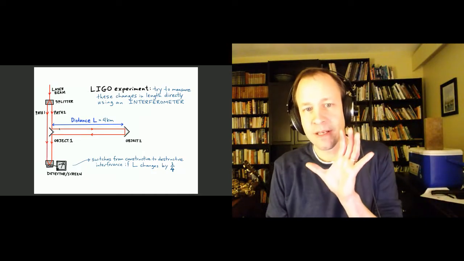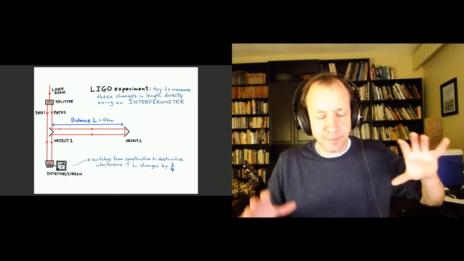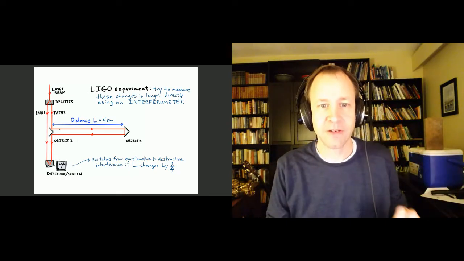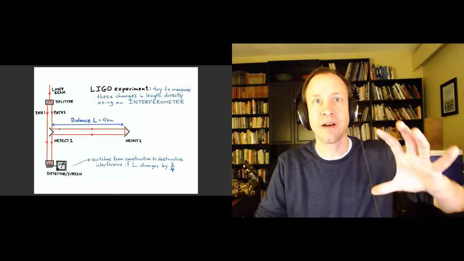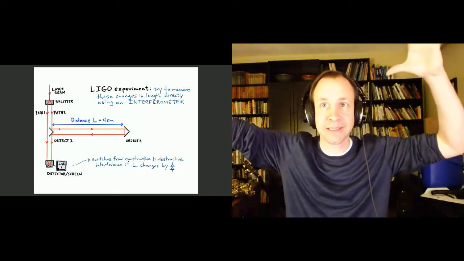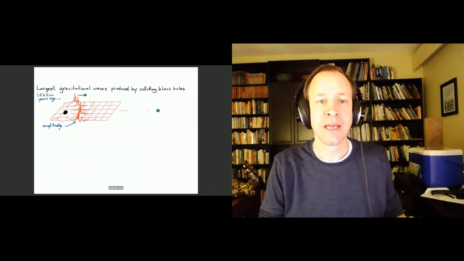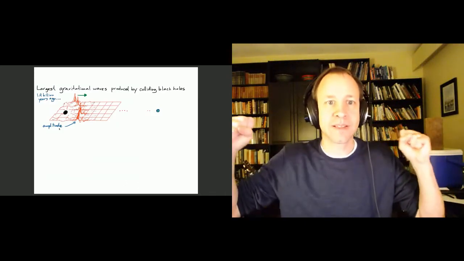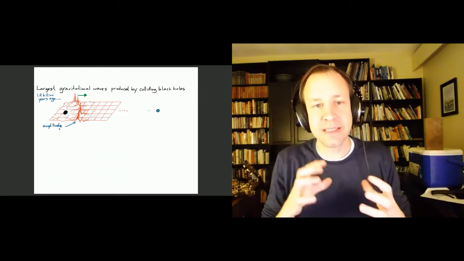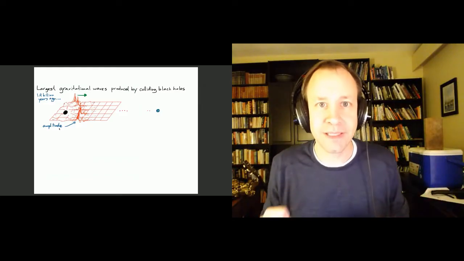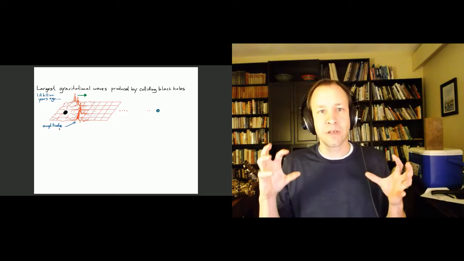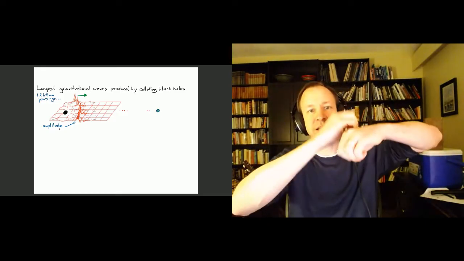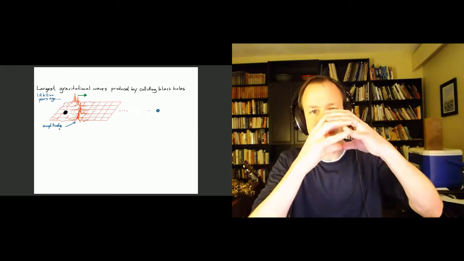But still, you want to know precisely what you're looking for. And you have to decide, well, where are these gravitational wave signals likely to be coming from? And so it turns out that the strongest and most easy to interpret gravitational wave signals are signals produced when 2 black holes that are rotating around each other end up merging into a single black hole.